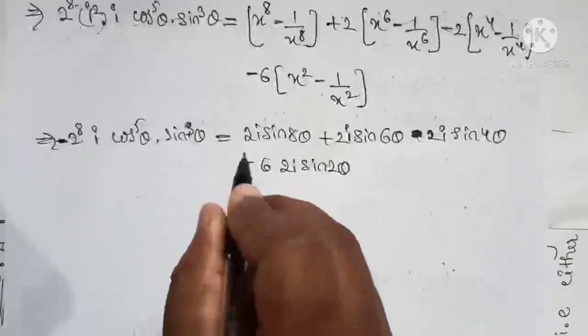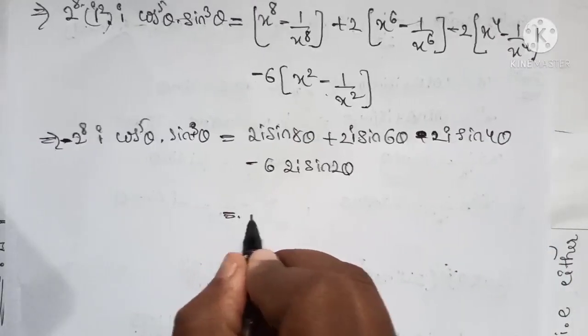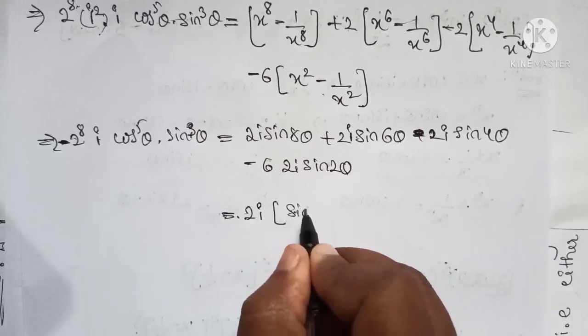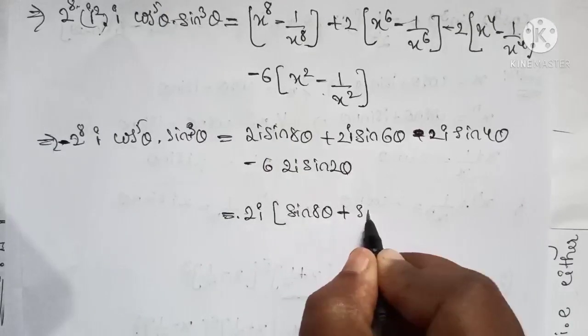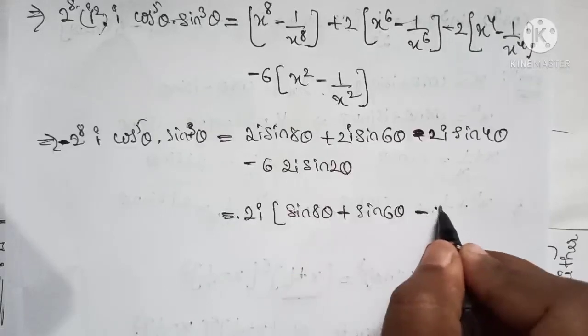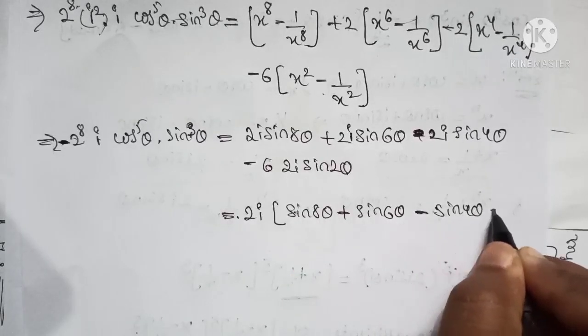In all these terms we can take 2i outside. On taking 2i common we get sin 8 theta plus sin 6 theta minus sin 4 theta minus 6 sin 2 theta.